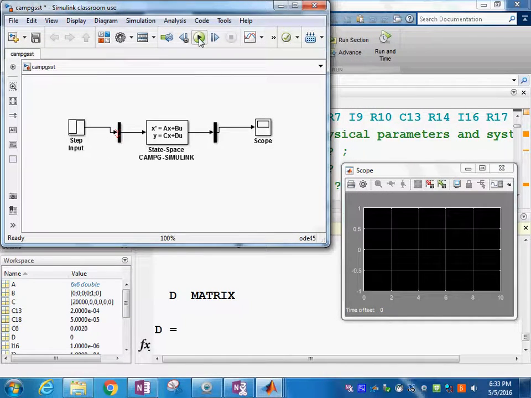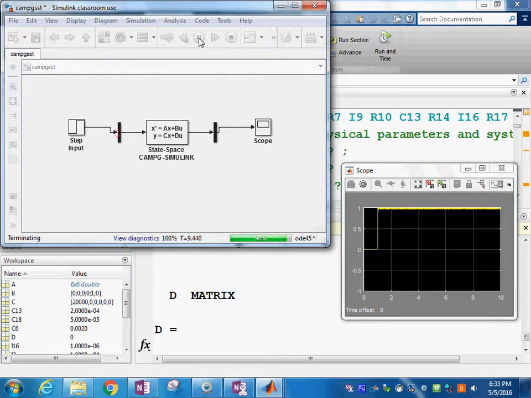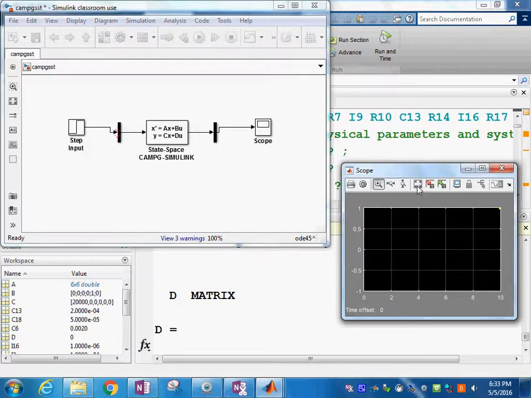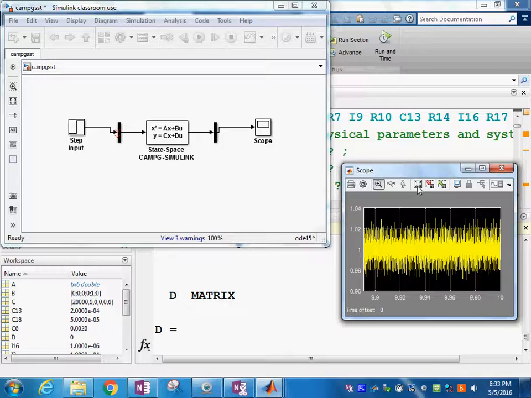The computer is going to do these calculations, and hopefully it runs and gives me the response, you see, right there. But I think it's a good idea to do this. That was the response for this particular system for that step.